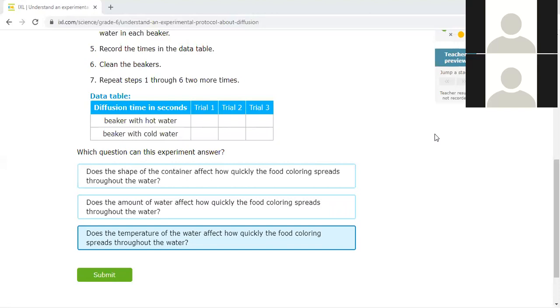Remember, our experimental question can only be answered on what we have. So let's look at these 3 things and see which one we have. This one is talking about shapes of the container, amount of water, and temperature, meaning our containers need to have different shapes, different water amounts, and different temperatures.